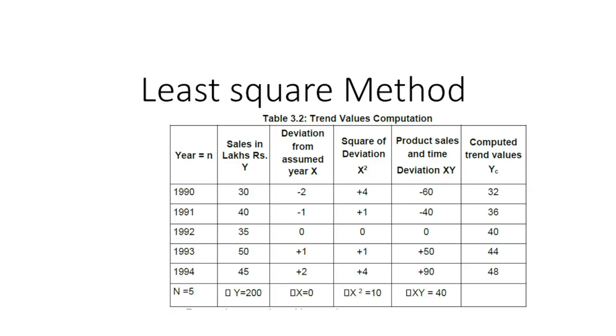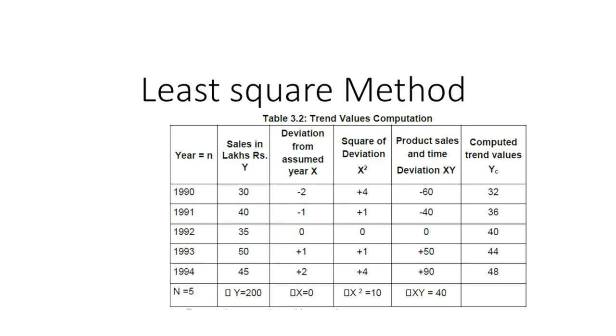And the product of sales and the time deviation. This is the time deviation, and that is minus 60. 2 into minus 2, minus 2 into 30, is equal to minus 60. That is 40 into minus 1, is minus 40. Like that we have to calculate all the values.